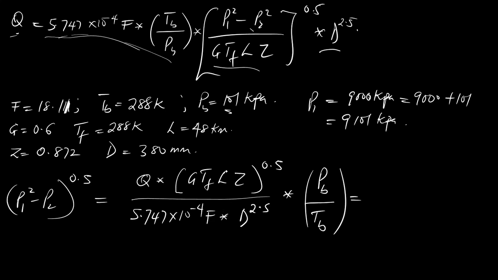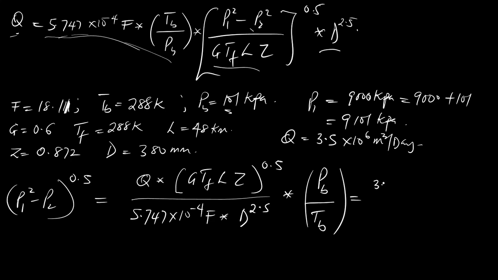Now the Q is equal to 3.5 times 10 raised to power 6 meter cube per day. So we're going to put that here.